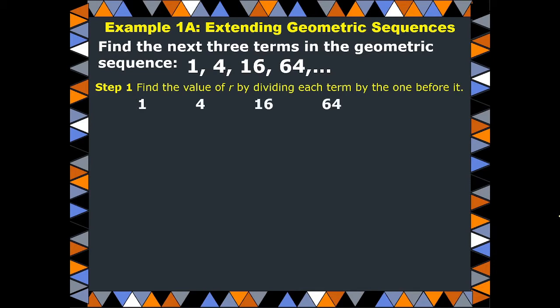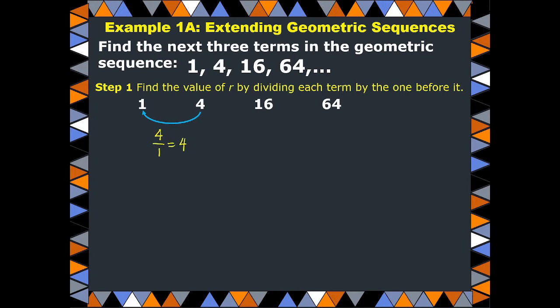So I will be dividing 4 by 1. So if I'm going to divide 4 by 1, I will be getting 4. So we have 4 over 1 will give me 4.